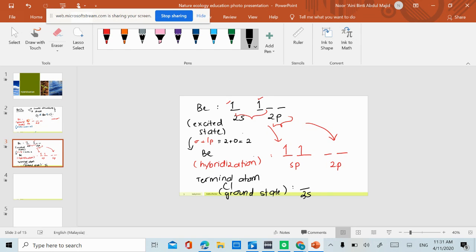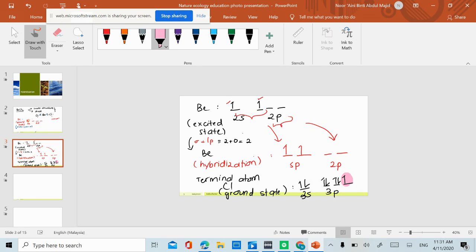Chlorine is in period 3, so 3s and 3p, 2, 3, 4, 5, 6, 7. That means the single electron is in the 3p orbital, which will overlap with the hybrid orbital of beryllium.